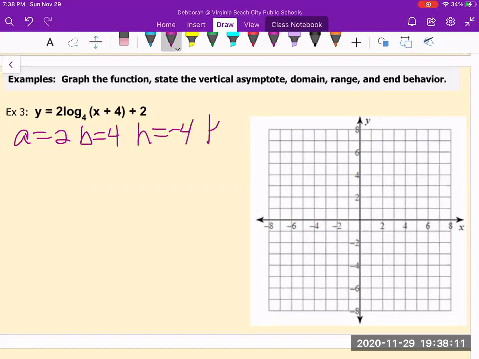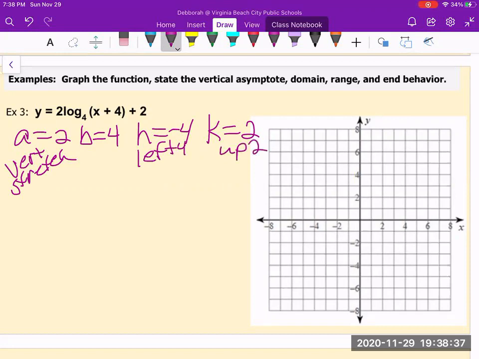And k is 2. So before we know anything, we know that we're going to have a vertical stretch, we're going to be going left 4 and up 2.